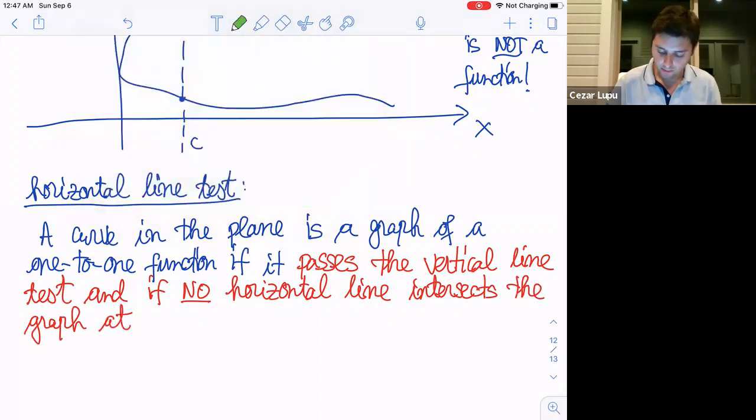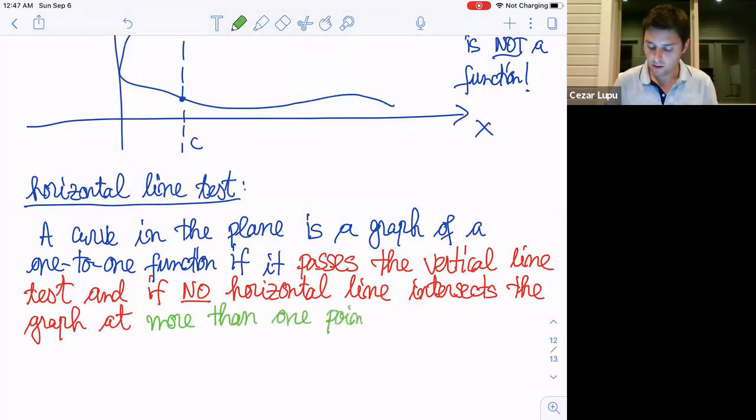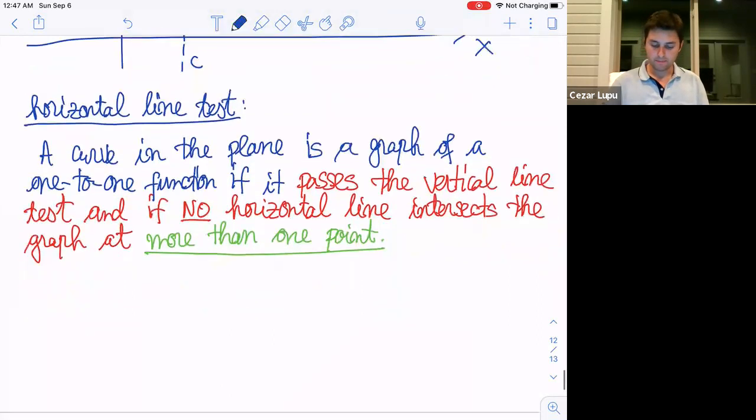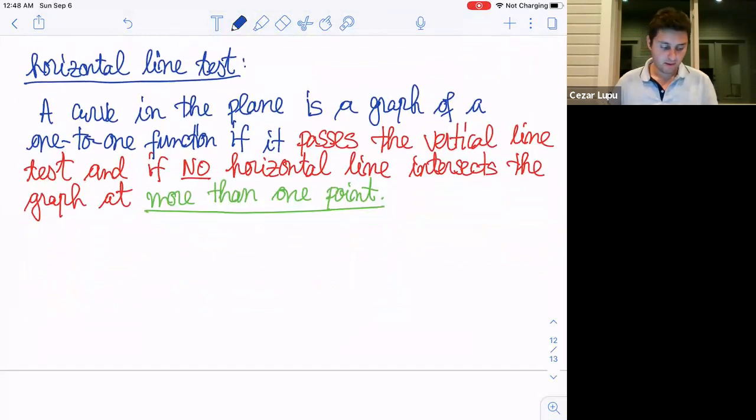And this is important, more than one point. So there is no way something like this can happen. So look again, the horizontal line test.